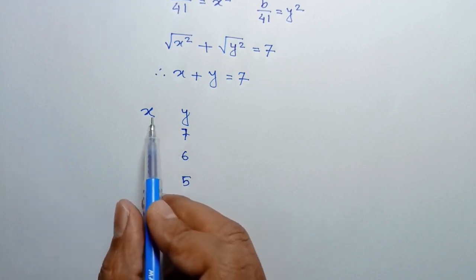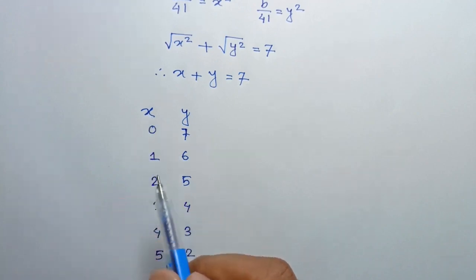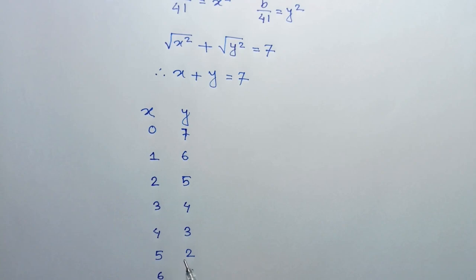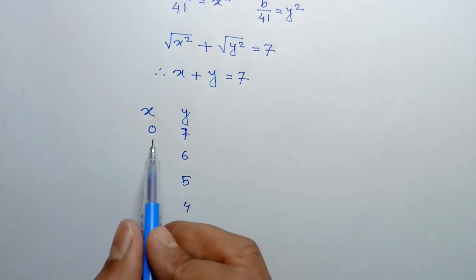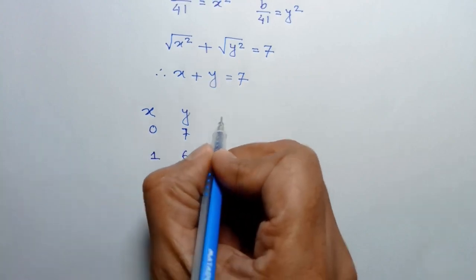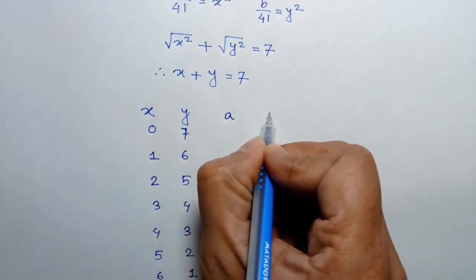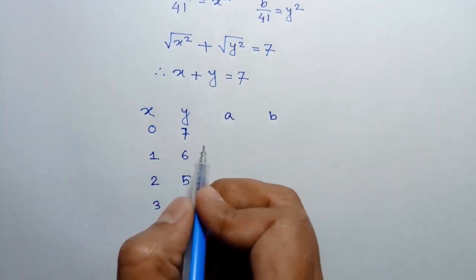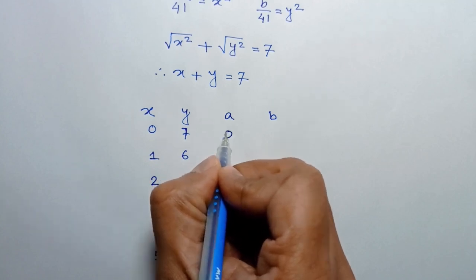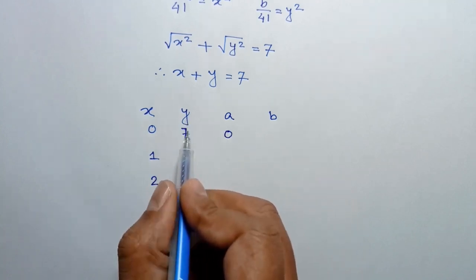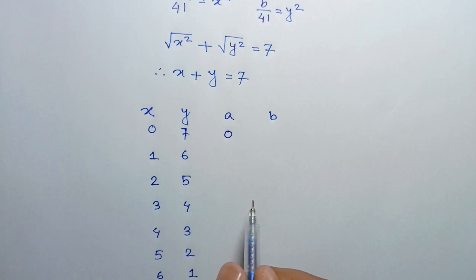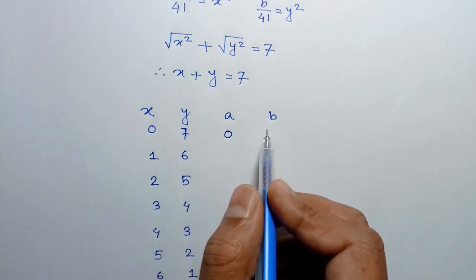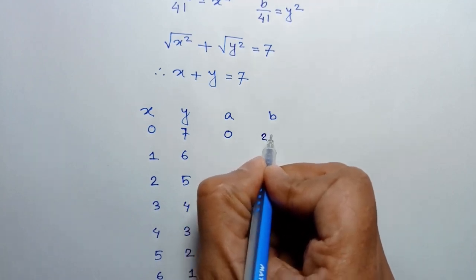Now as x square is equal to a over 41, so a is equal to 41 x square. So for x is equal to 0, the values of a and b will be, as x is equal to 0, so a will also be 0, and when y is equal to 7 and b is equal to 41 y square, the value of b will be 2009.